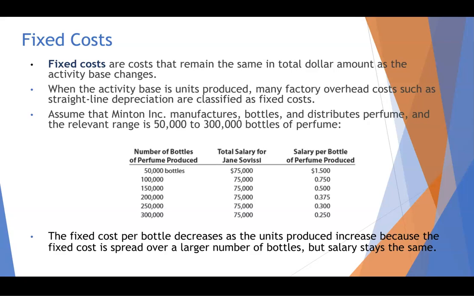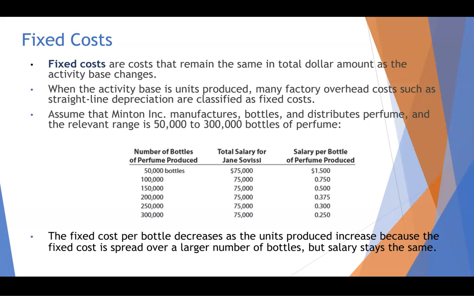As you see here, fixed costs have various characteristics. Cost per unit decreases as the activity level increases and increases as the activity level decreases. For Jane Sovisi's salary, the cost per unit decreased from $1.50 for 50,000 bottles produced to 25 cents for 300,000 bottles produced.